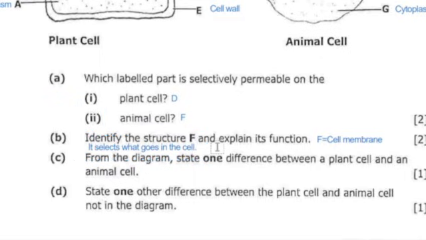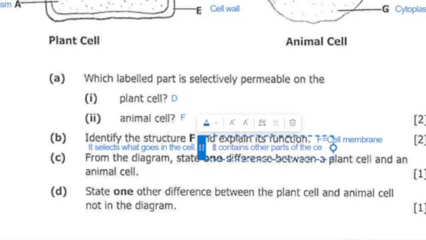Okay, and the other function is it contains other parts of the cell.